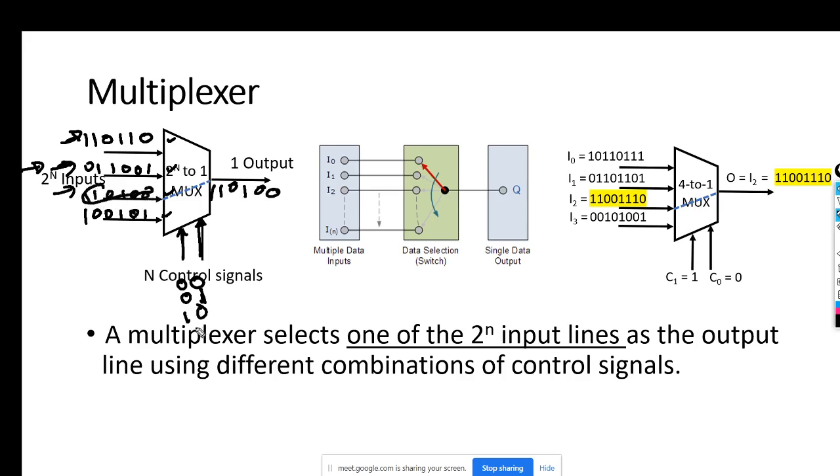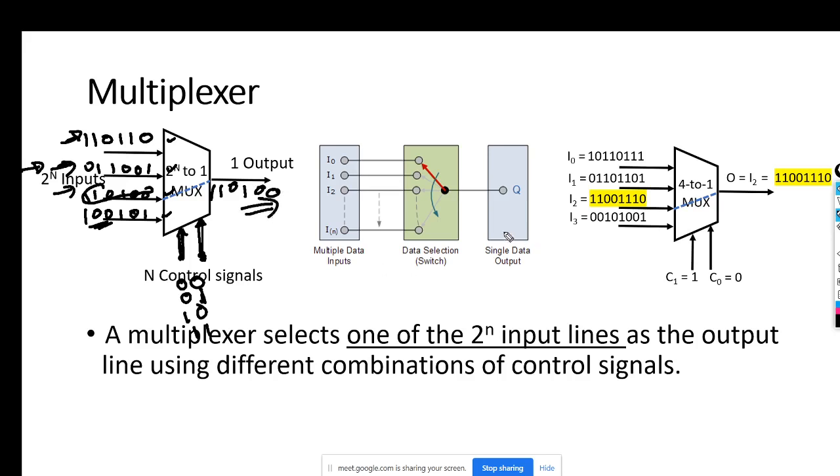Similarly, for 1 1, the output is this one. Likewise, by changing the values of the control signals, I can make sure that one of these inputs is going to be the output. That is called a multiplexer.